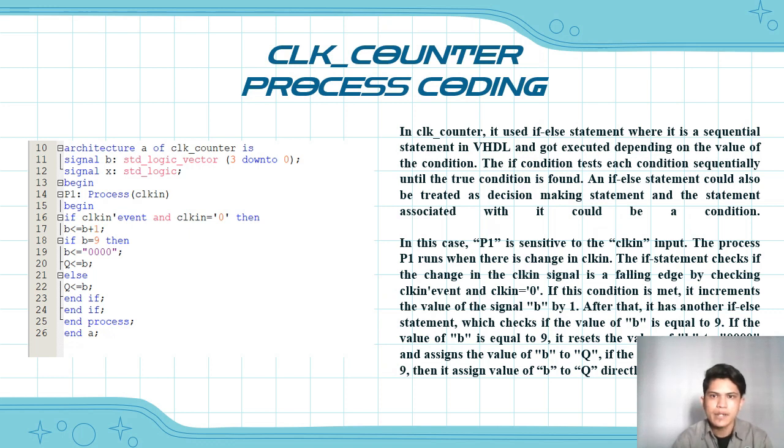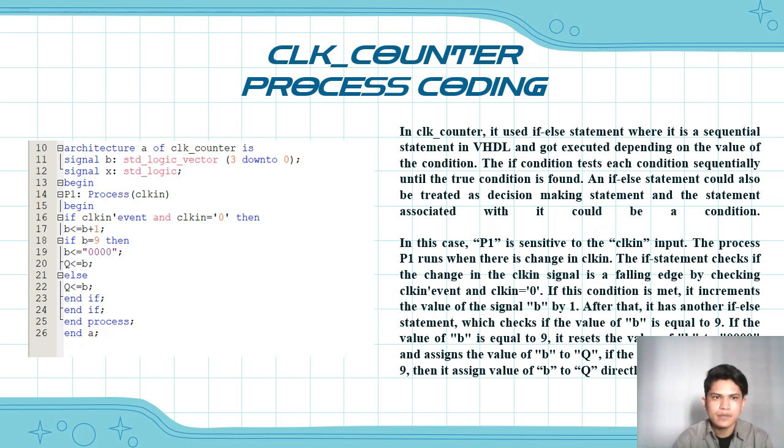The process P1 runs when there is a change in CLK in. The if statement checks if the change in the CLK in signal is a falling edge by checking CLK in event and CLK in is equal to 0. If this condition is met, it increments the value of the signal B by 1. After that, it has another if-else statement which checks if the value of B is equal to 9.